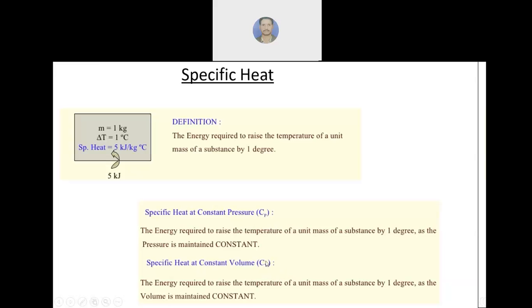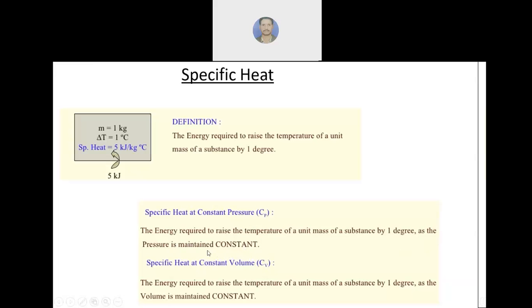So first we will see specific heat at constant pressure, Cp, small p. The energy required to raise the temperature of unit mass of a substance by 1 degree. Same as the definition of specific heat, but when the pressure is maintained constant, this term is added extra.